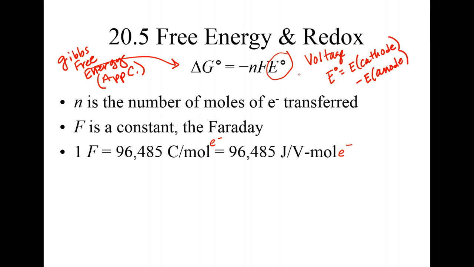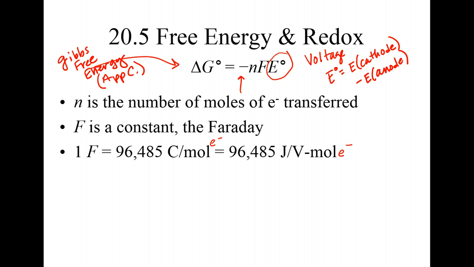One of the things to think about as you look at this equation is you might notice the appearance of this negative sign in the equation. And the reason that's there, if you think about what we've learned and discussed about free energy and redox, typically we would say a reaction is spontaneous if the sign for Gibbs free energy, or delta G, is negative.